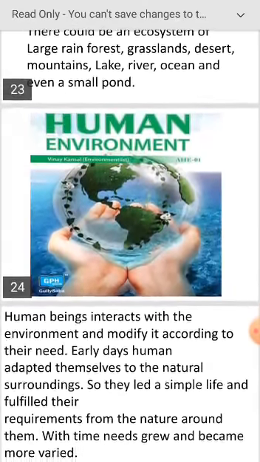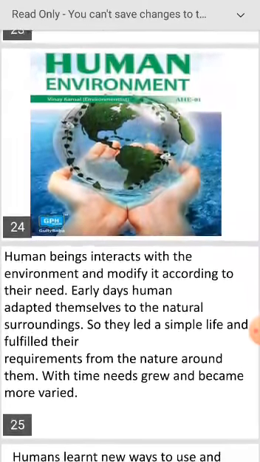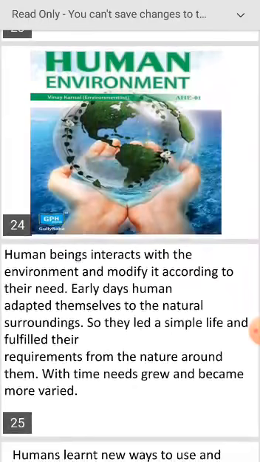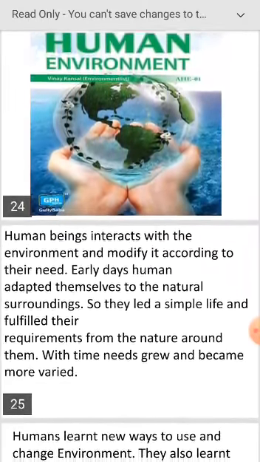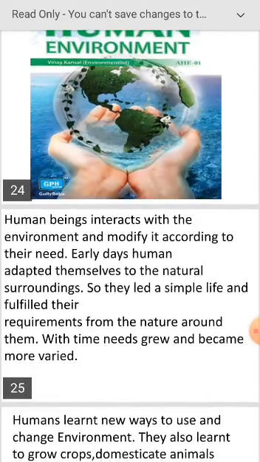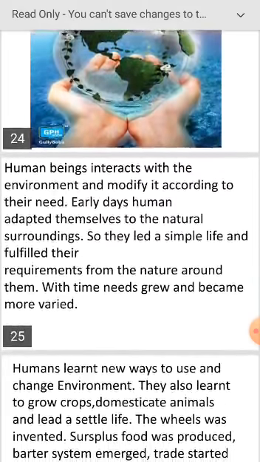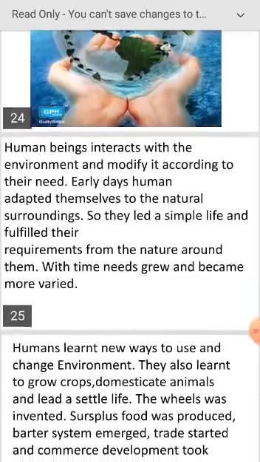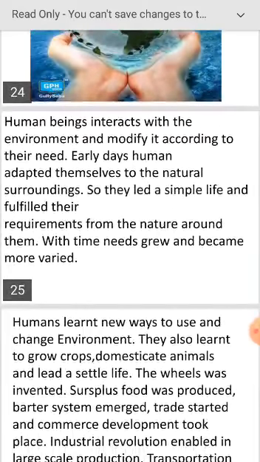Now let us see what the human environment is. See this picture, you can see the whole world, the earth planet, in our hands. So how are we going to protect this environment? Human beings interact with the environment and modify it according to their needs.